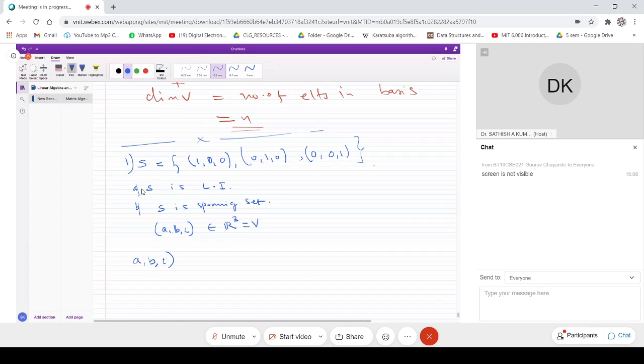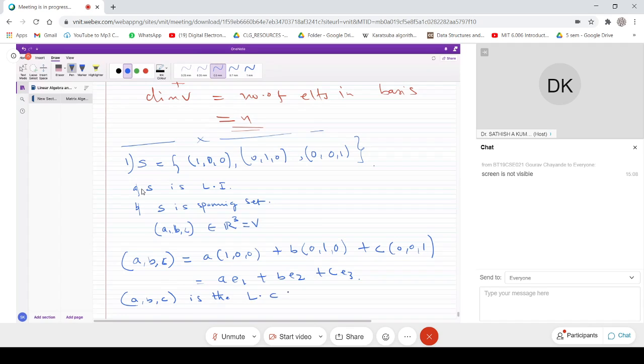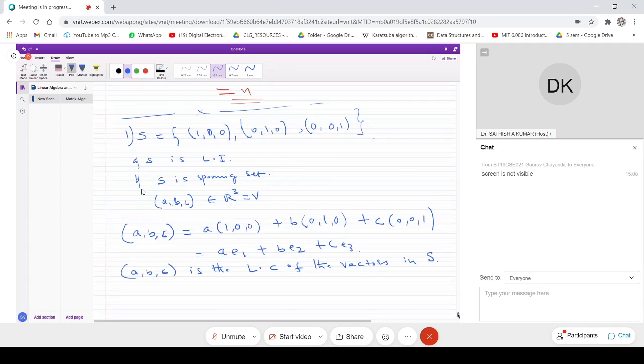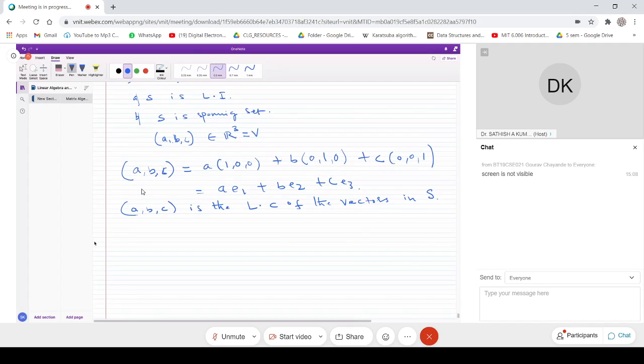Then (a, b, c) can be expressed as a times (1, 0, 0) plus b times (0, 1, 0) plus c times (0, 0, 1). So this is nothing but a times e1 plus b times e2 plus c times e3. Therefore (a, b, c) is a linear combination of the vectors in S. So therefore S is a basis: (1, 0, 0), (0, 1, 0), and (0, 0, 1).